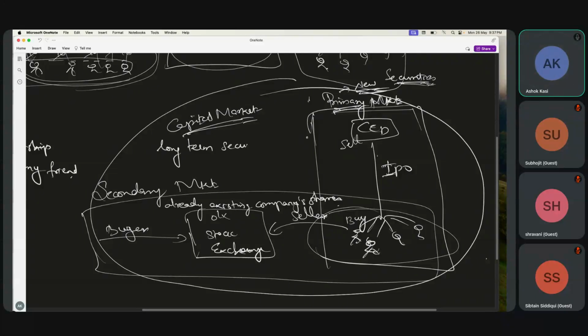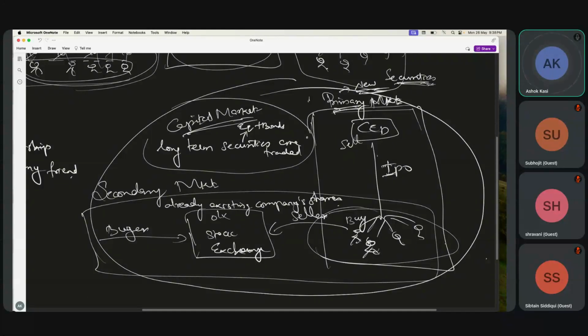Why do we say securities? Because it refers to equity plus bonds as well. About bonds, we will talk some other time. Right now let's stick to equities only.